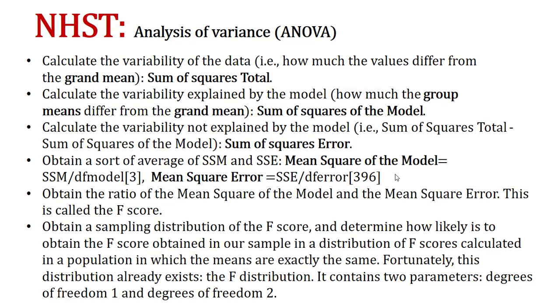So if that probability is very low, then we reject the null hypothesis and say this sample didn't come from a population where the means are the same. And if the probability is not so low, then we don't reject the null hypothesis.